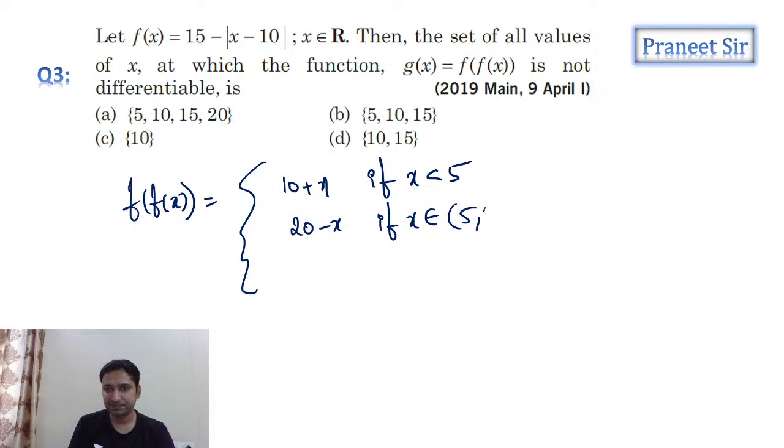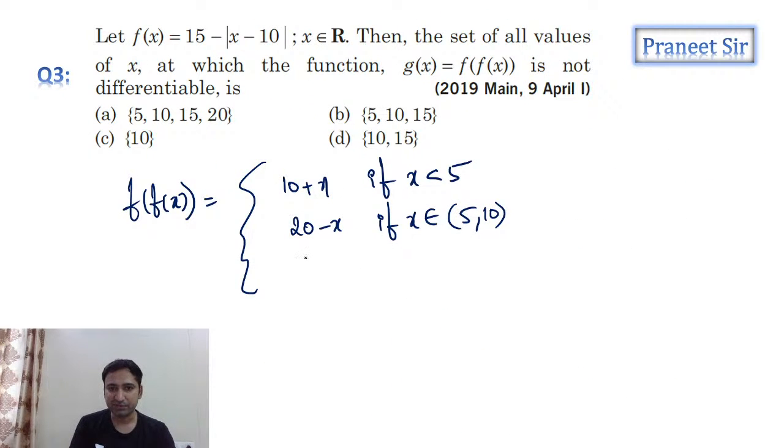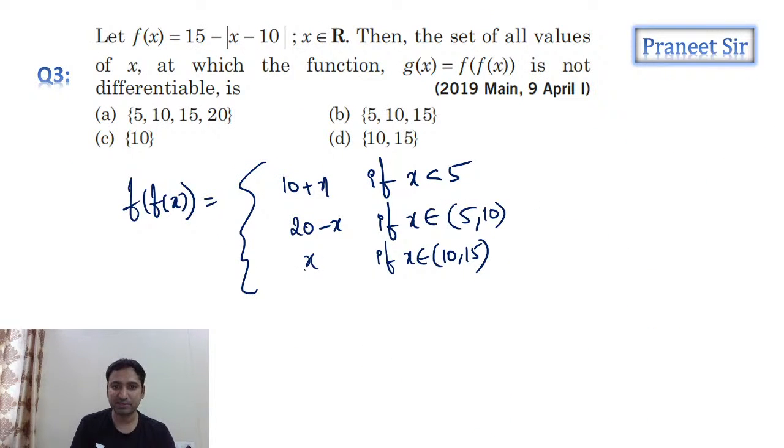Next, x if x belongs to 10 to 15. Last case, 30 minus x if x is greater than 15.